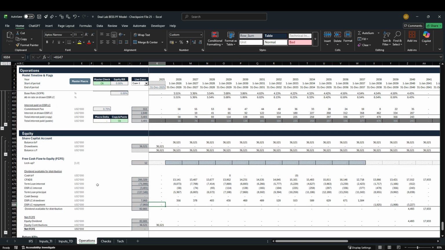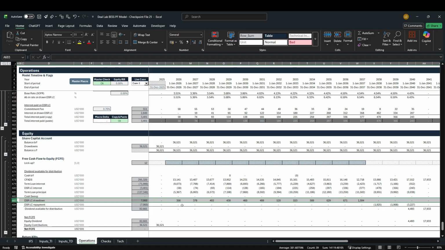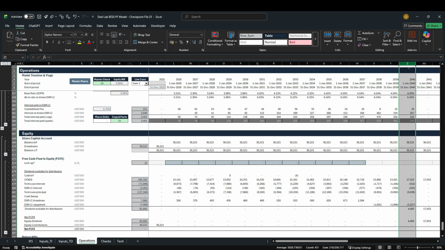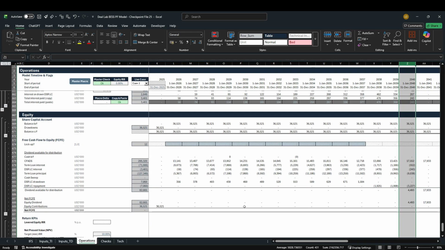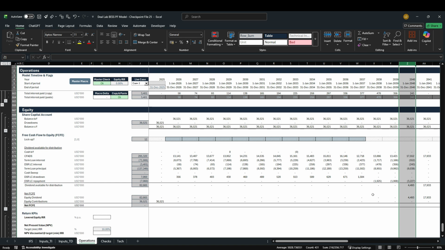And you will see that the DSR-LC drawdown is a positive movement, increasing our cash, which is expected because it's essentially a cash shortfall that we have in the SPV. So this makes up for any cash shortfall. And once we have enough cash available to repay our DSR-LC, that flows in negative, not leaving us any dividends except in year 2040.